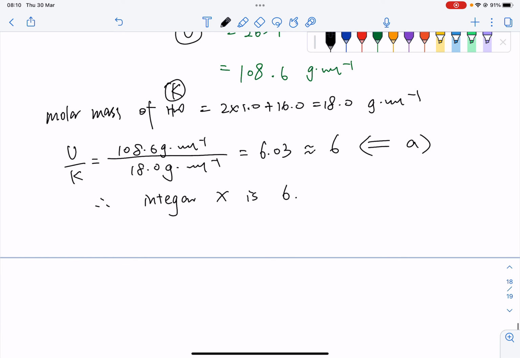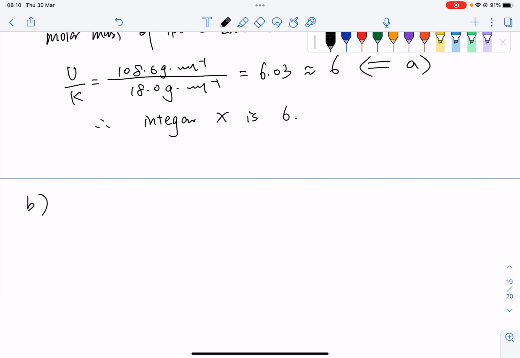Alright, B. It says suggest how a student doing this experiment could check that all water has been removed. I think I've discussed it with you in the lab worksheet. If you don't remember, go to the lab worksheet, page 3, question 4, which is similar to this one. There are 2 marks here.